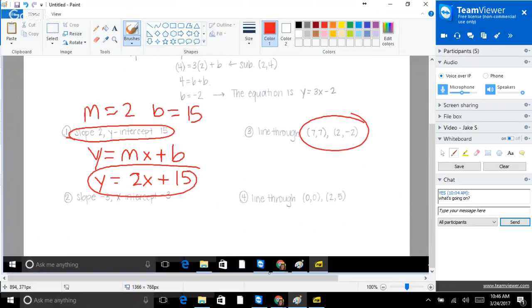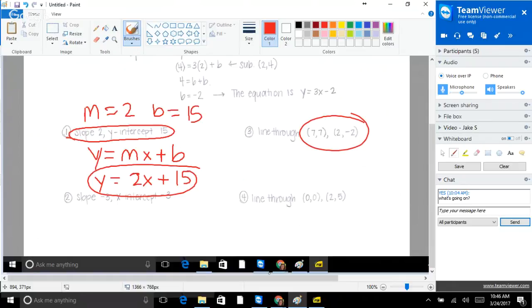Okay, well, I think that's where I'm going to end today. The only other thing that I was going to do, if you want to stay on, Jake, I don't know if you need to get going, and anybody else that wants to stay on, I was going to review a little bit more of slope, where you use the y2 minus y1 over x2 minus x1. So if that was confusing to you, or you would just want to see it again, you can stay on.